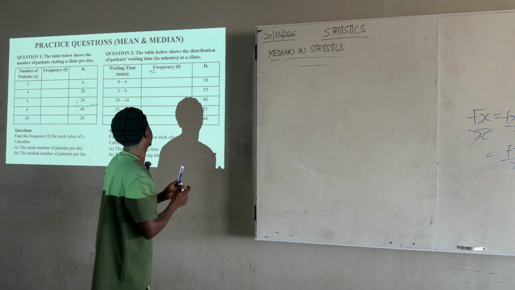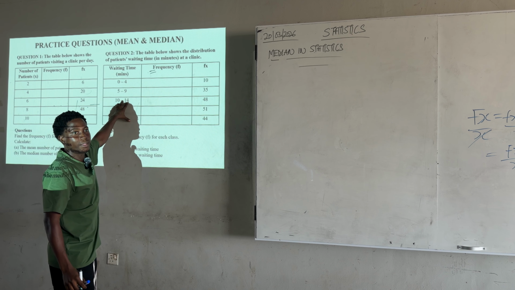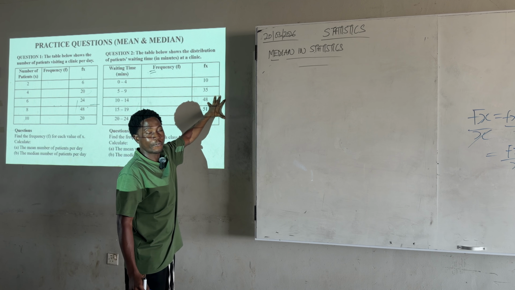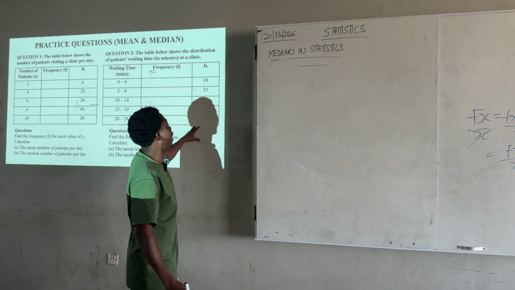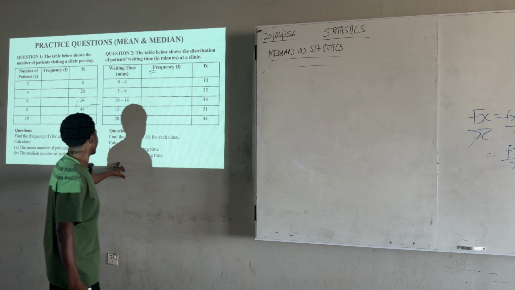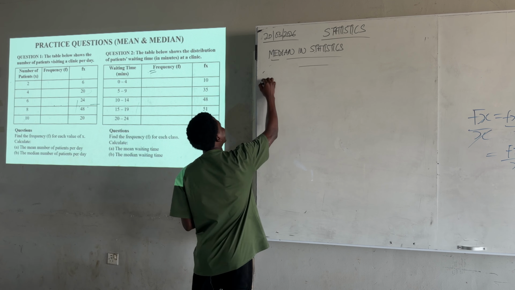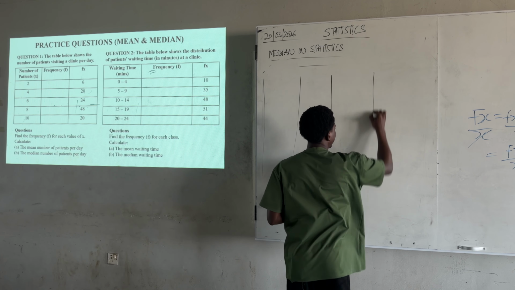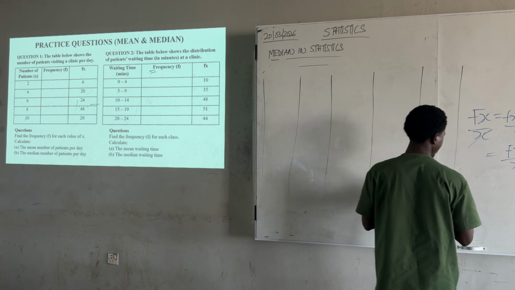Okay, so let's begin with our table. Because this question is a grouped table, you have four columns, it will not be 3 anymore. But we can also add our CF, making it 5. So let's start.